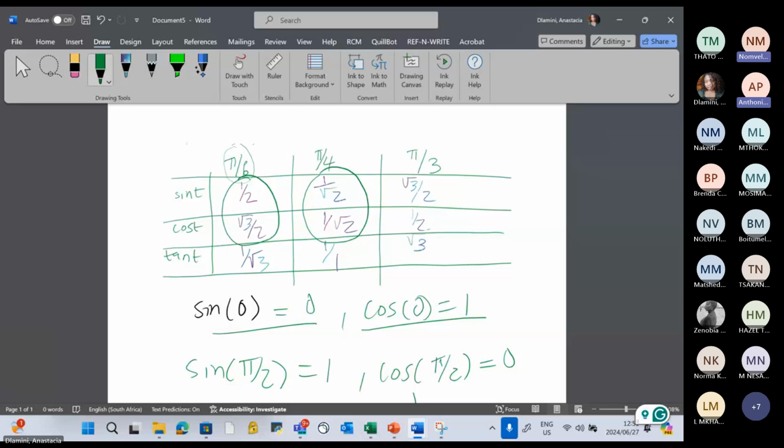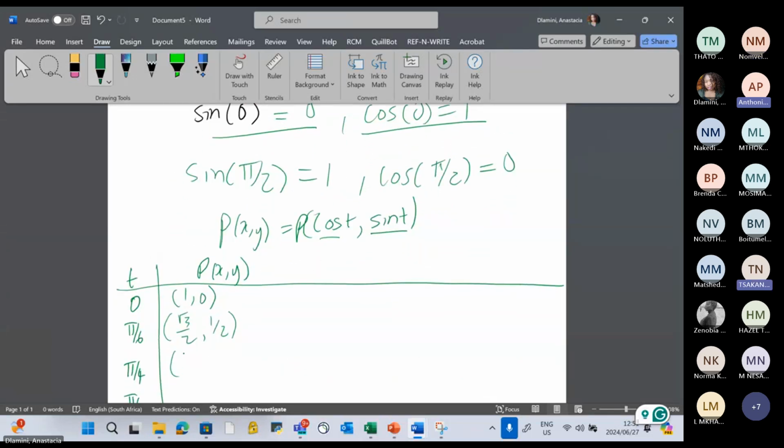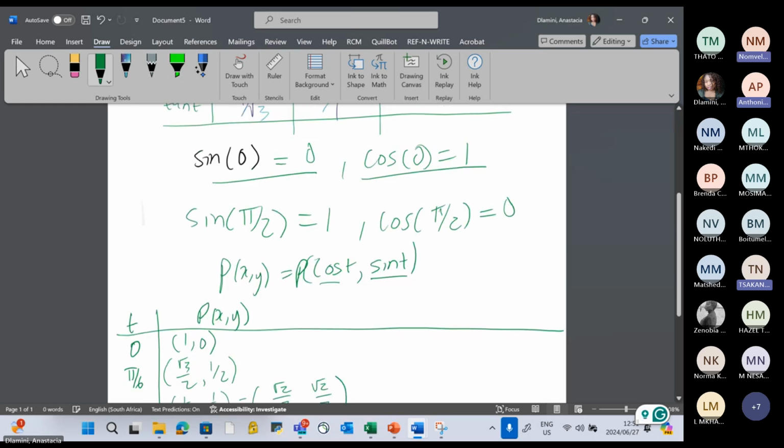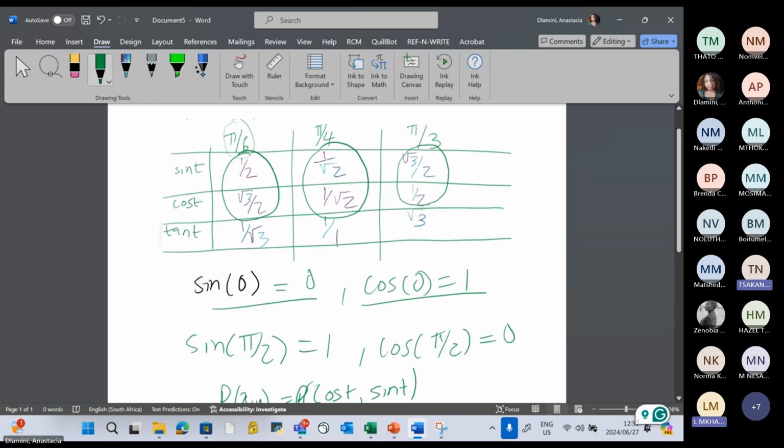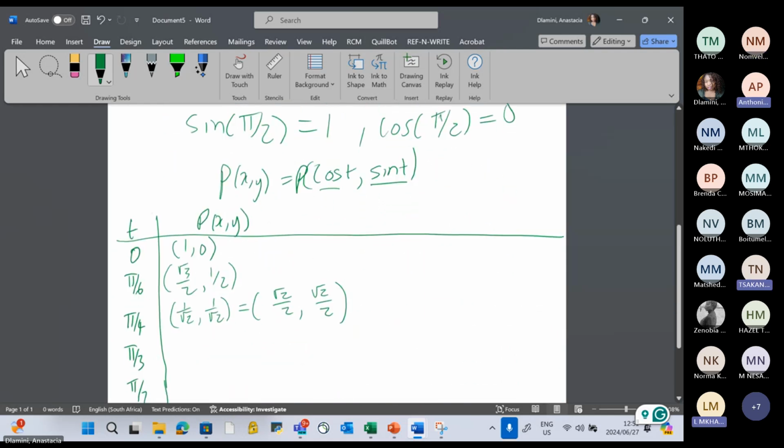Root 2 over 2 and root 2 over 2. Thank you. So what is the terminal point for pi over 3? 1 over 2 and root 3 over 2.